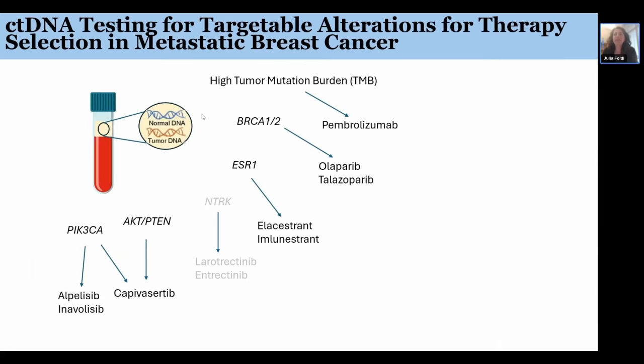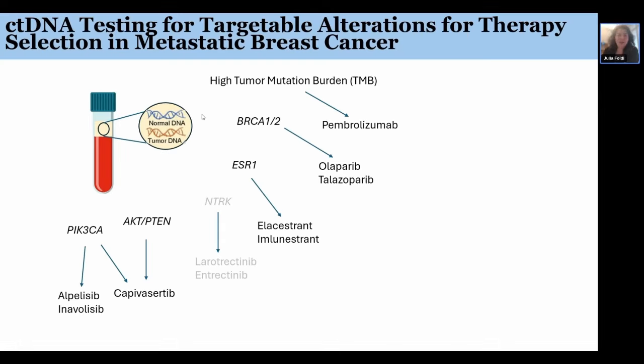And then last, I'll talk a little bit about a slightly different reason to get a ctDNA test, and this is in the metastatic setting to look for targetable mutations for therapy selection. And this is, for the most part, using those tumor-agnostic ctDNA tests like Guardant or Foundation One or Caris.